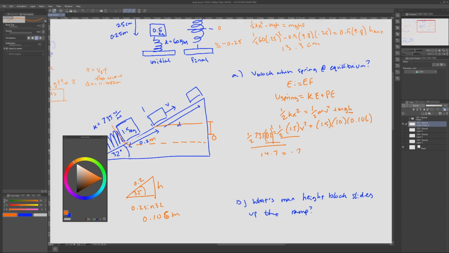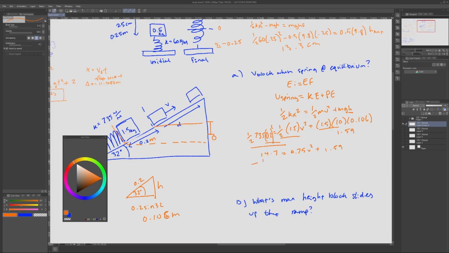So we're just going to write that 0.75 v squared plus 15 times 0.106. Okay. That should give us 1.59.